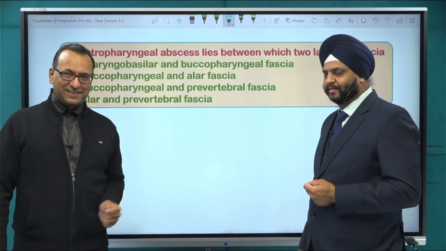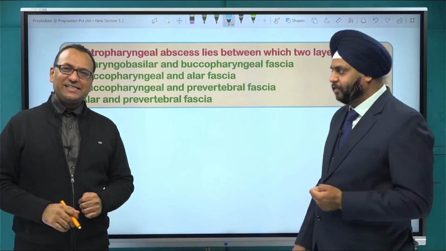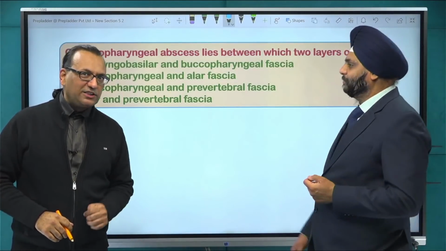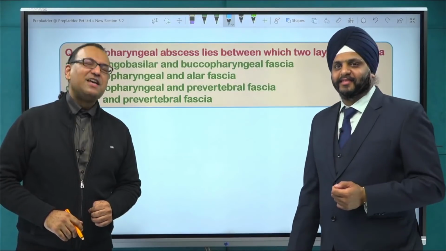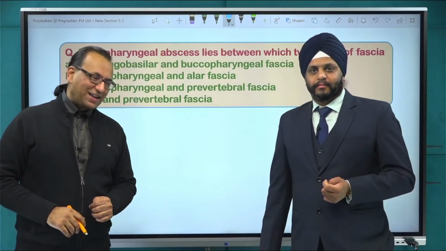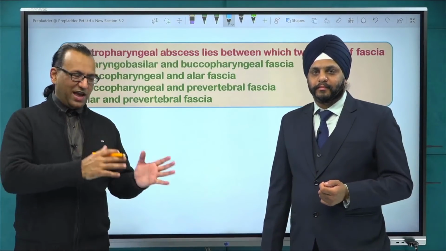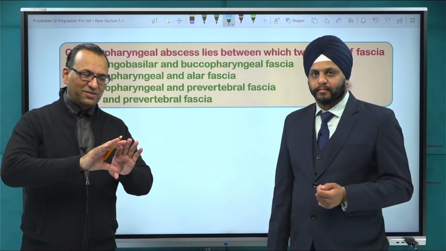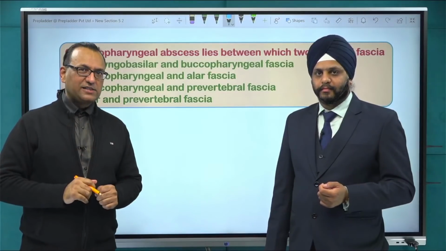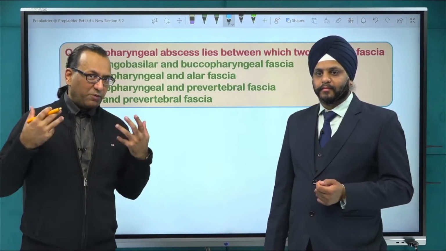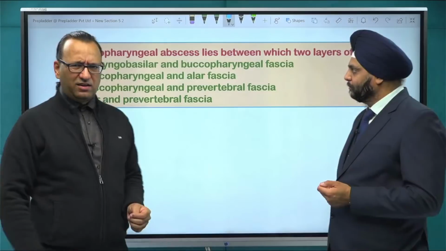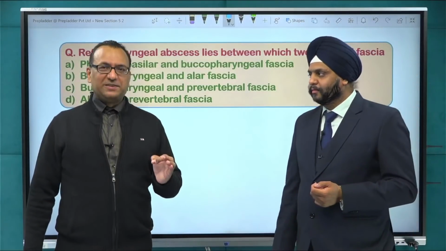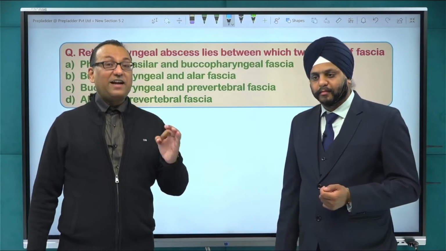Now JIPMER has been merged into INI-CET, and that doesn't mean that JIPMER professors will be excluded. They are in the team, and definitely they'll be contributing to INI-CET, because even the students who get selected in INI-CET have to go to JIPMER. So JIPMER professors must, and their standards are very high.